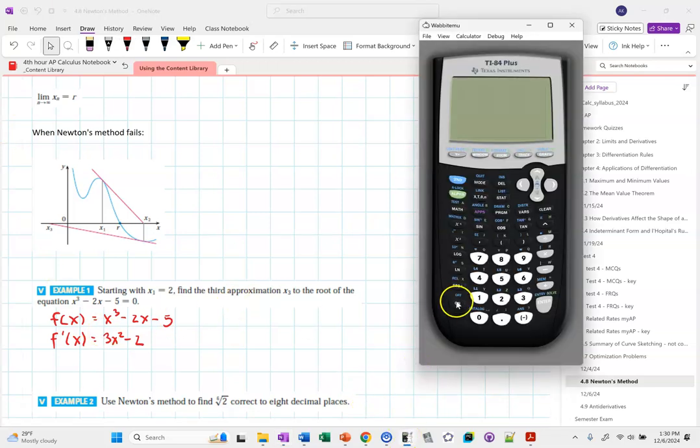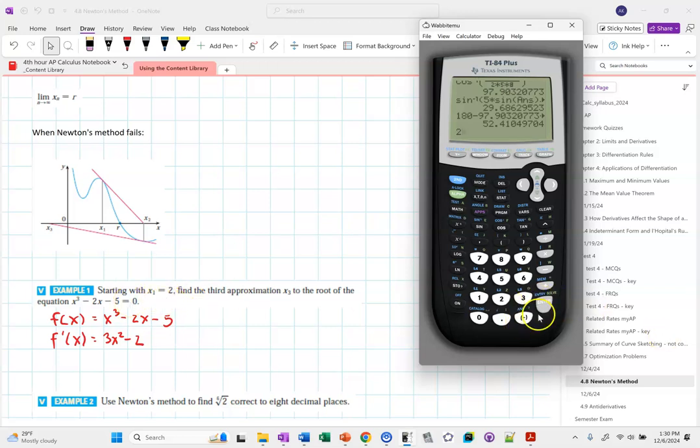So I'm going to set this up on my calculator. Into the y equals, I'm just going to type my function, my f of x. And then my derivative, my f prime of x. And then I'm going to set my starting value.